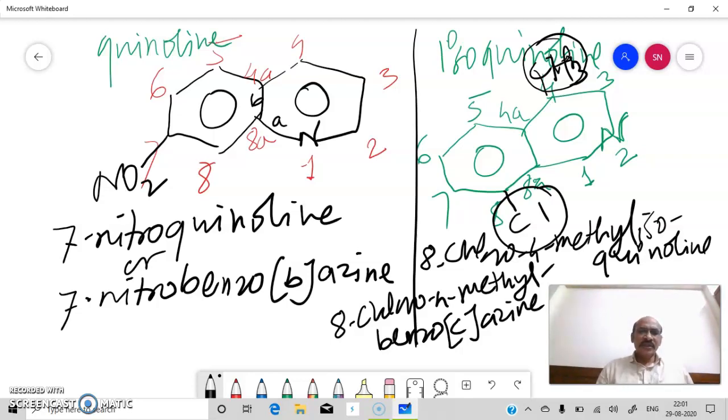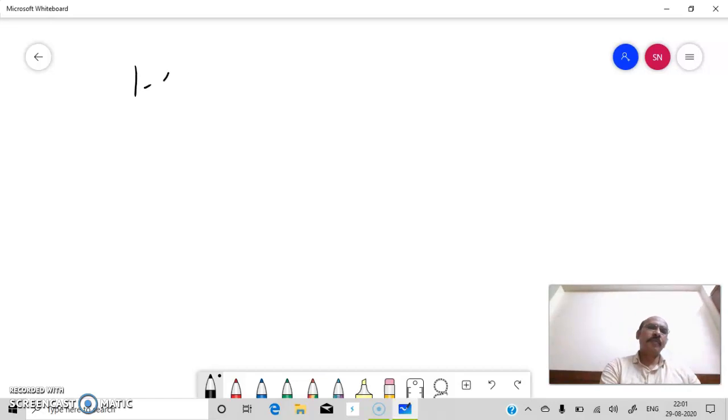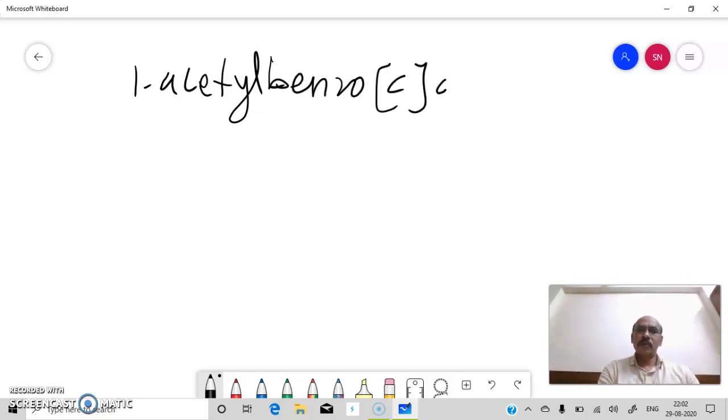Okay, we will see a few more. From the name we will proceed towards the structure. So consider 1-acetylbenzo C azine. That C, remember, indicates isoquinoline.